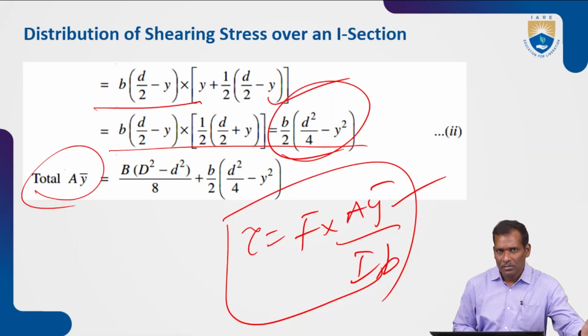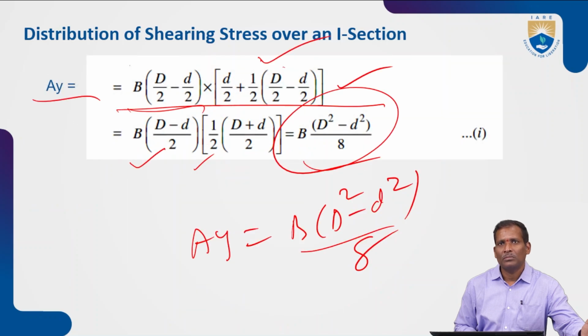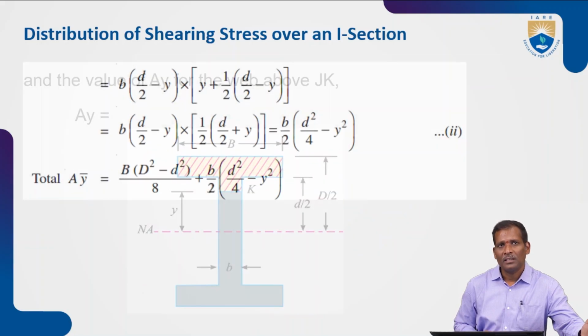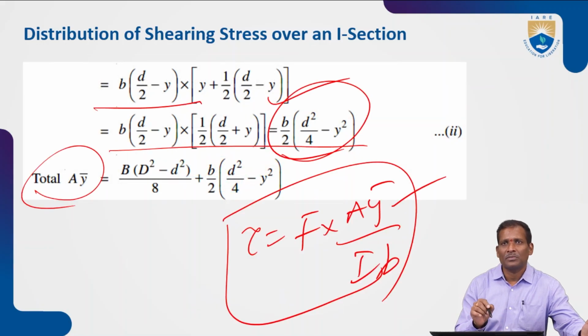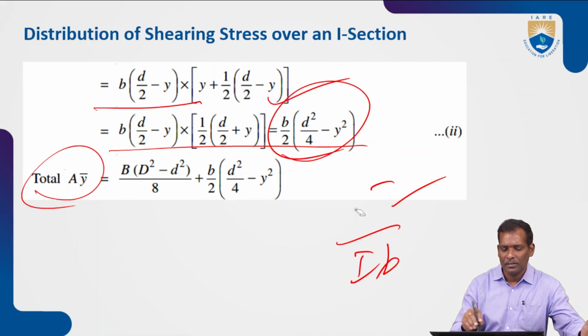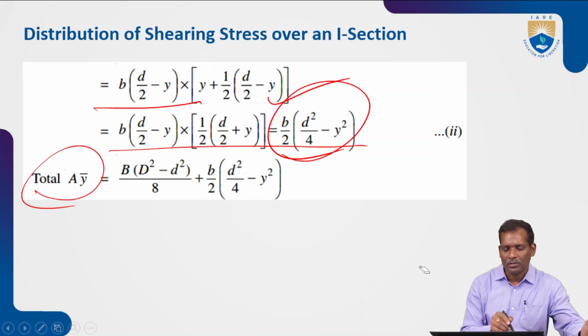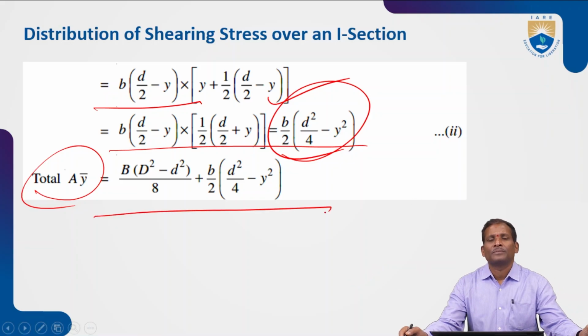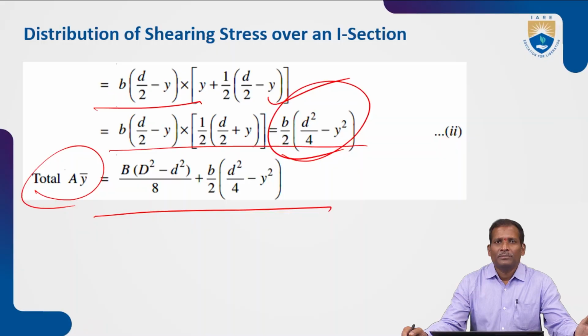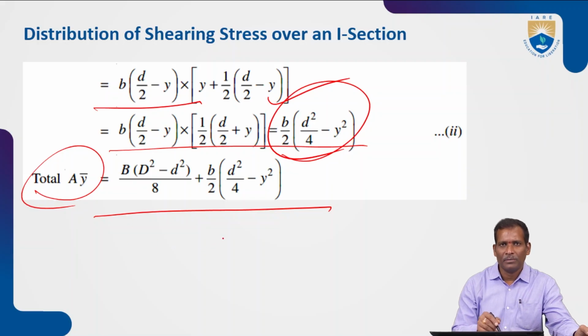The total: B into D square minus small d square by 8, plus this y value, the center of gravity value y bar. So we'll get capital B multiplied with capital D square minus small d square by 8, plus small b by 2 into small d square by 4 minus y square.